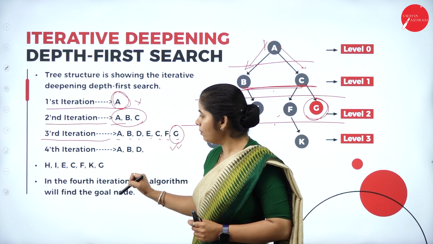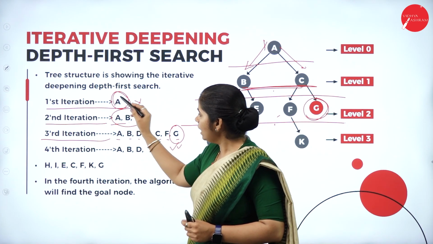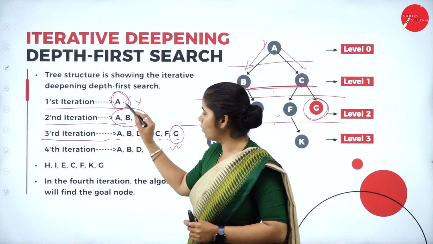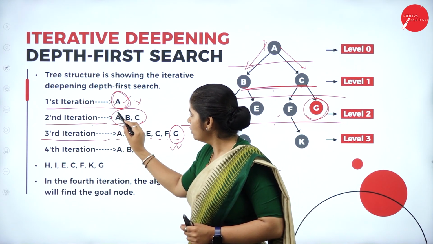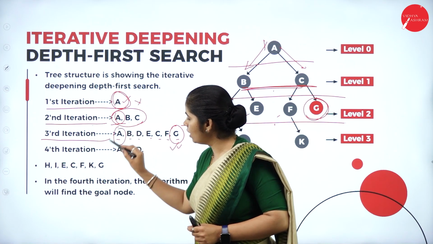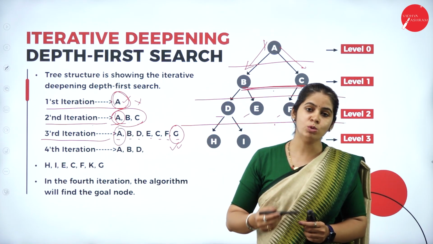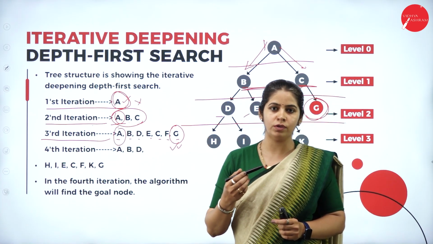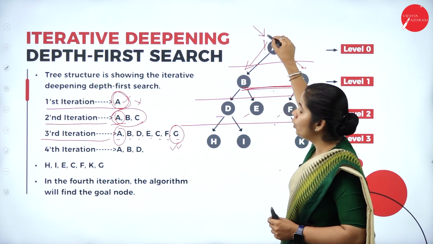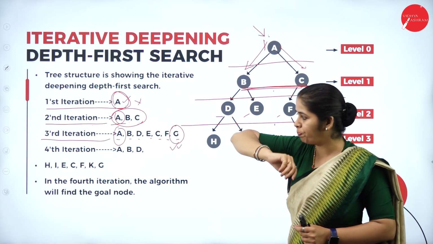What is the problem here? Each time we go for an iteration, the first iteration starts with the root node, the second iteration also starts with the root node, the third iteration also starts with the root node. However many times we extend the limit of the search, every time we have to start from the root node itself.